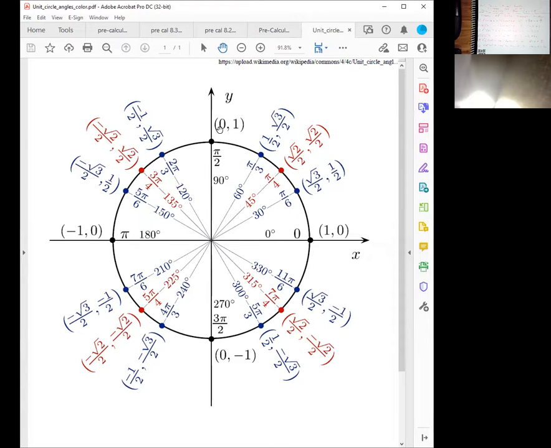We said that cosine inverse will give you angles between 0 and pi. So it's only defined on the top half of the circle, because it can't go any further; it starts to repeat itself and it's not one-to-one. So they have to restrict it to 0 to pi.